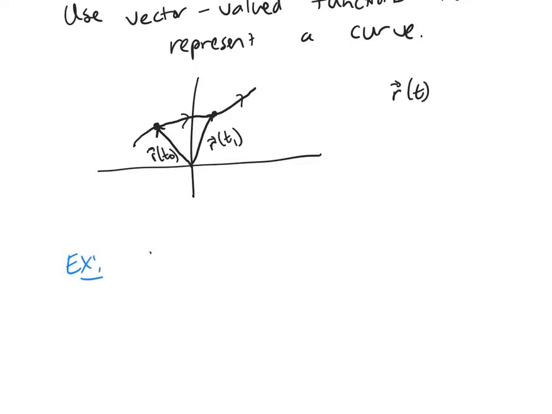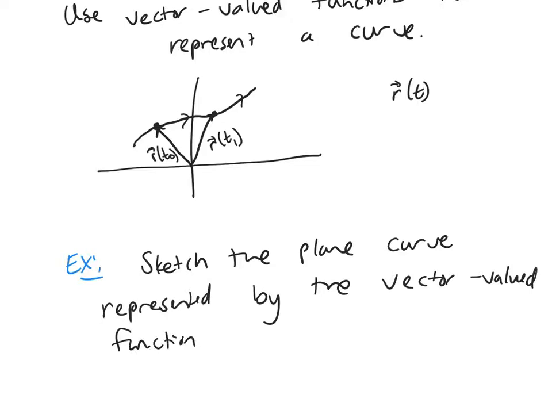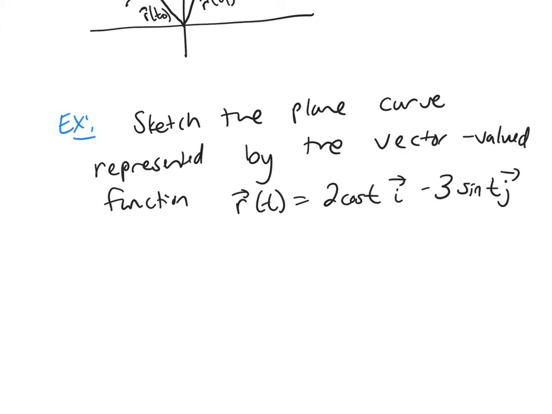Let's sketch the plane curve represented by the vector valued function r of t, which will be 2 cosine t i minus 3 sine t j, and t is going to go between 0 and 2 pi.